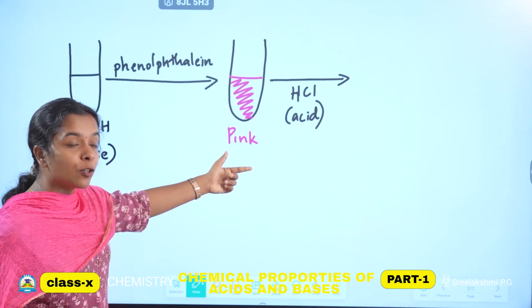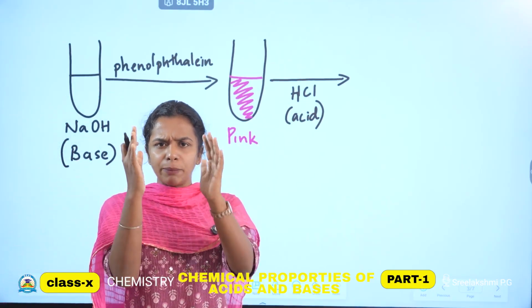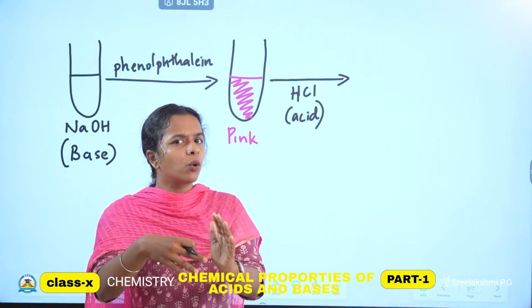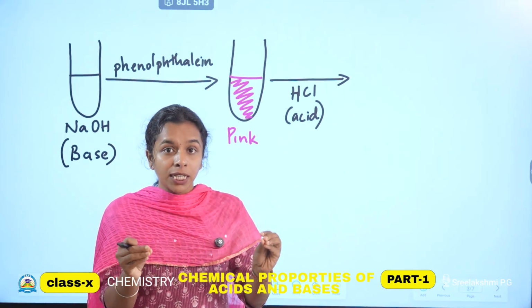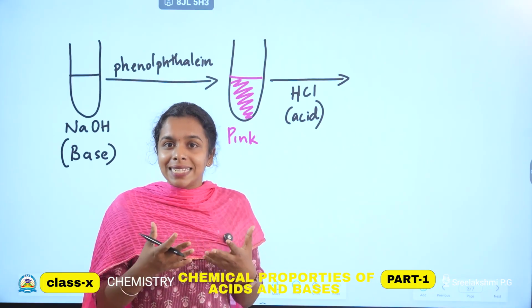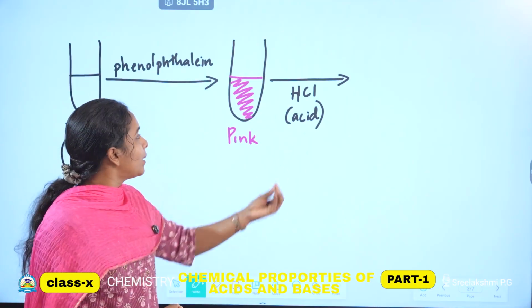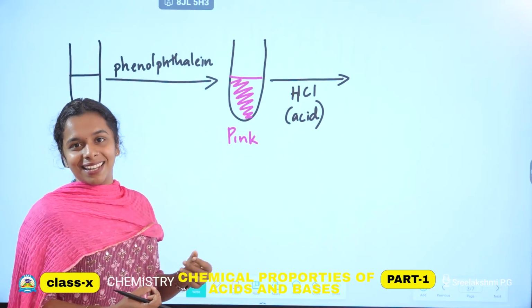Into this pink solution, when you add HCl, just imagine we have a base, and into that base you have added phenolphthalein, and it is pink. If you add HCl into that, what will happen? The effect of that base will be nullified by the presence of HCl.